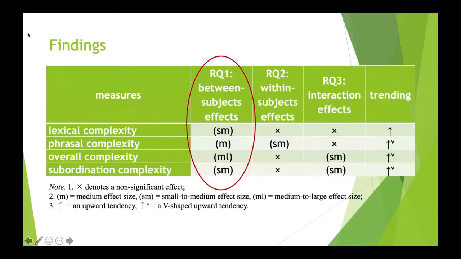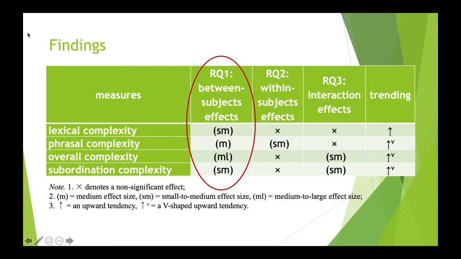Our findings were miscellaneous, and this table summarizes the major findings we obtained. Regarding the between subjects effect, we found significant difference between those who use ASR technology and those who did not, with different effect sizes.